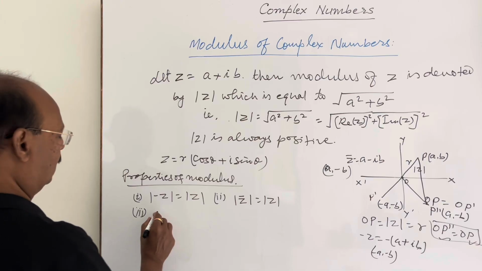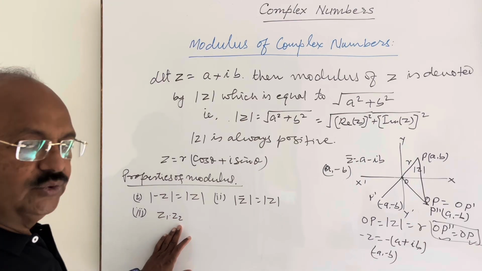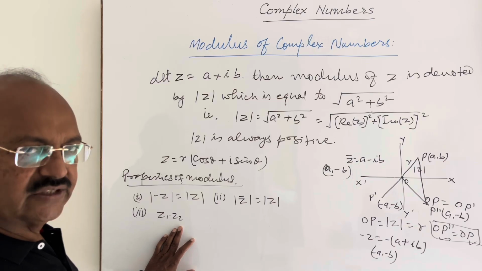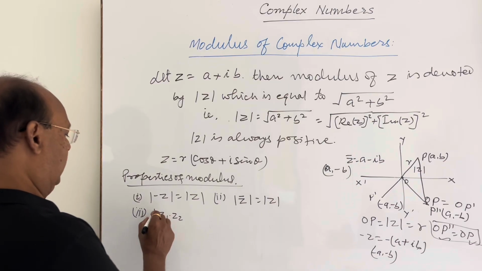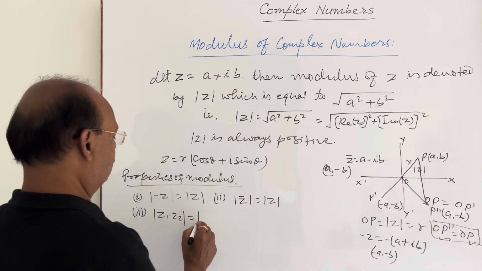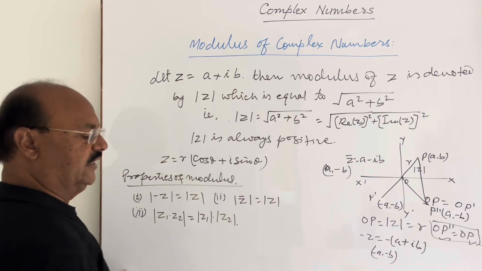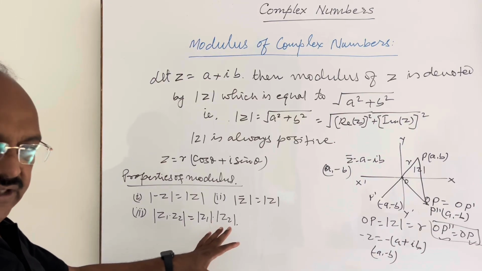And third property, Z1 into Z2. Here Z1 and Z2 are two complex numbers. Modulus of Z1 into Z2 will be equal to modulus of Z1 into modulus of Z2. Understand it very clearly.